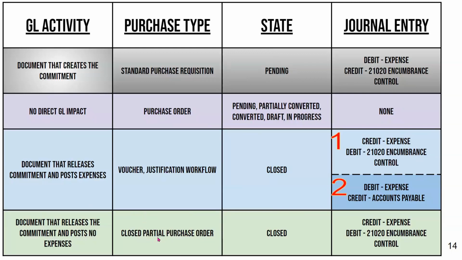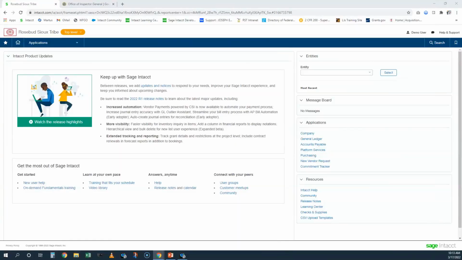And the same thing with closing a purchase order. If we convert a PO into a closed purchase order, it's the closed purchase order that releases our encumbrance. So if we see our purchase orders have pending, partially converted, draft, or in progress, that's our signal that encumbrances exist, okay?